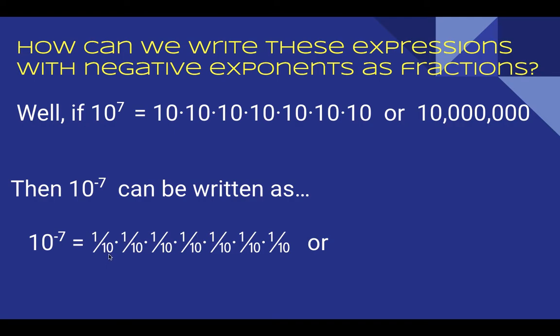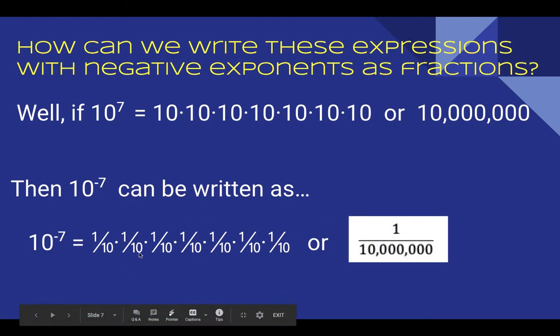We have to do that 7 times, because it tells us 1/10 times 1/10 times 1/10, 7 times. Or if we wrote that out, 1 over 10 times 10 times 10, so we're going to multiply 10 times itself 7 times, which should be 10 million.